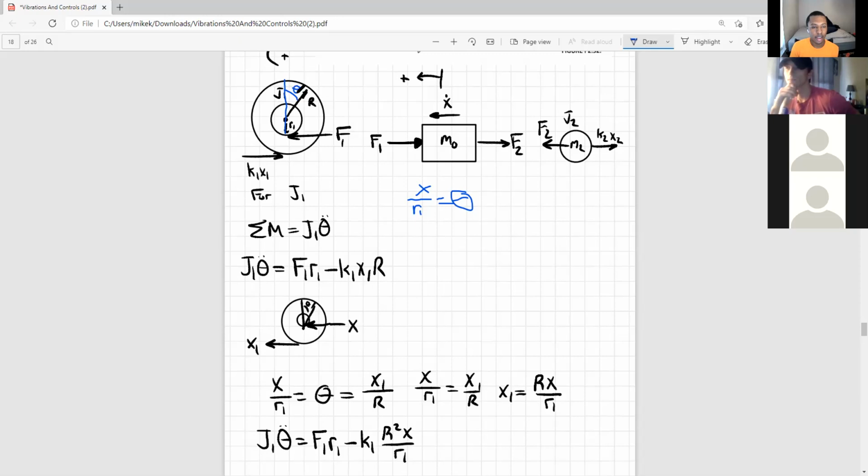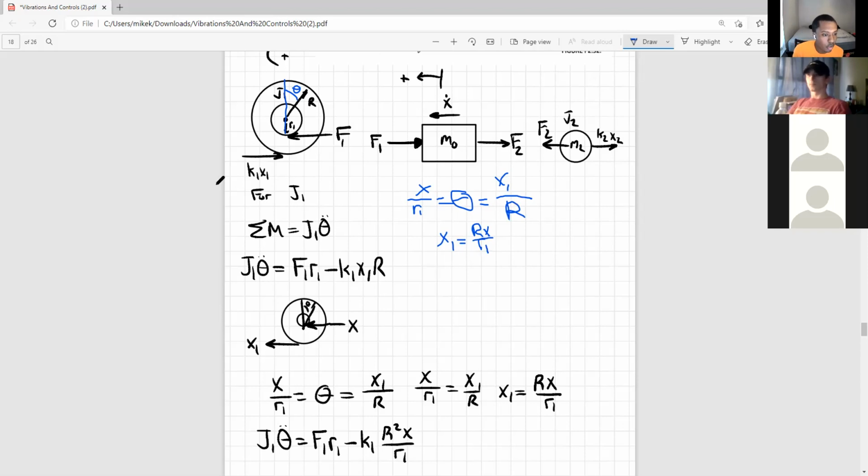You can draw that theta there. So theta on this disk and this disk are the same. So now we're going to come down here. We're calling this x1. That will equal x1 over r. To solve for x1, you then just multiply x by r, and you can say x1 equals r x over r1.